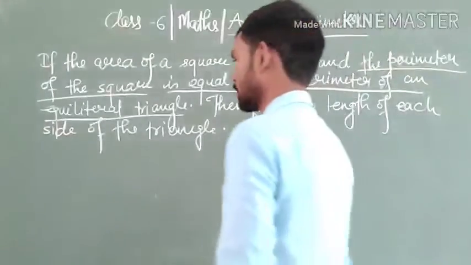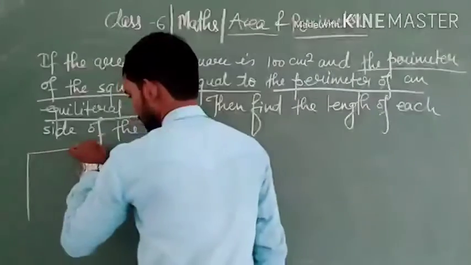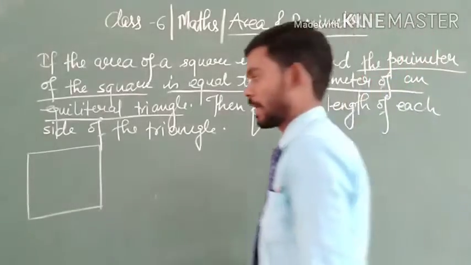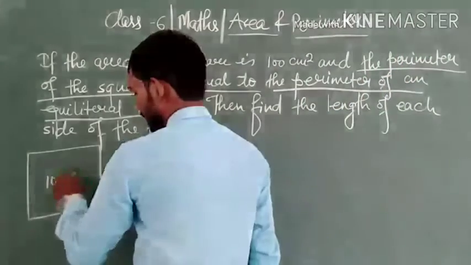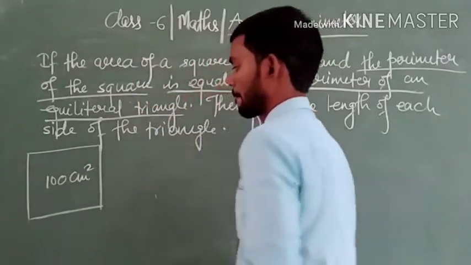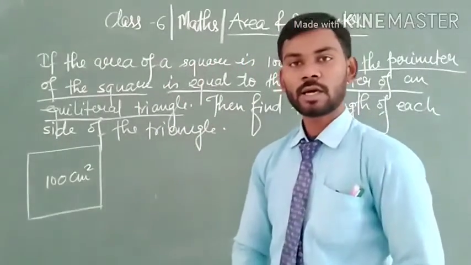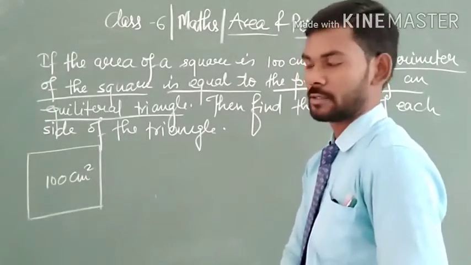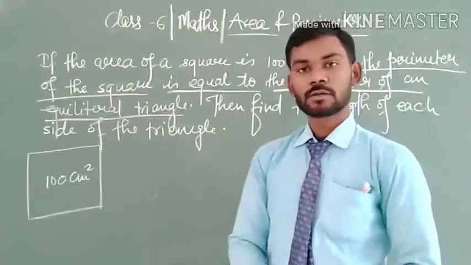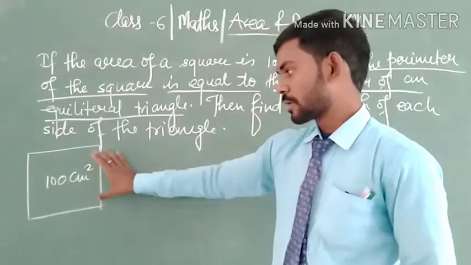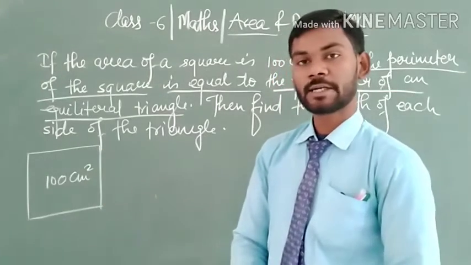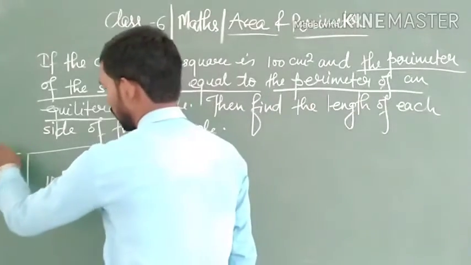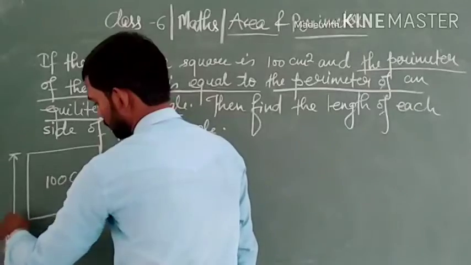First of all, listen to me carefully. This is a square having the area 100 centimeter square. We know that the area of a square is side into side. So when we find its side, we use the formula side into side, and after that we get the length of this square.